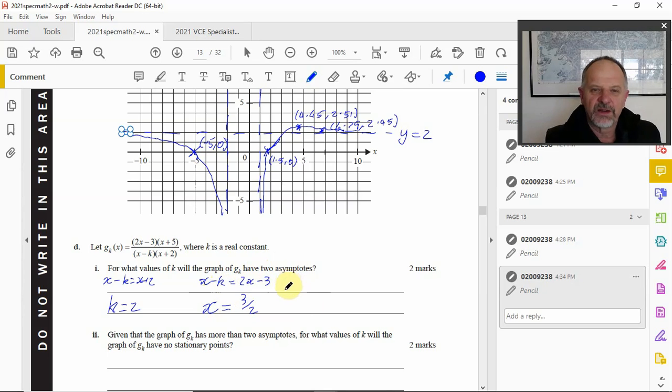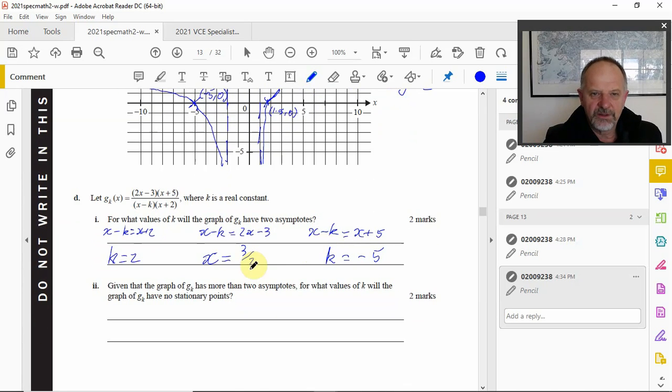So if k is 3/2, there would be cancelling. And also, as I said, x minus k is x plus 5, in which case k would be -5. All right, so there's three values of k where you have two asymptotes.